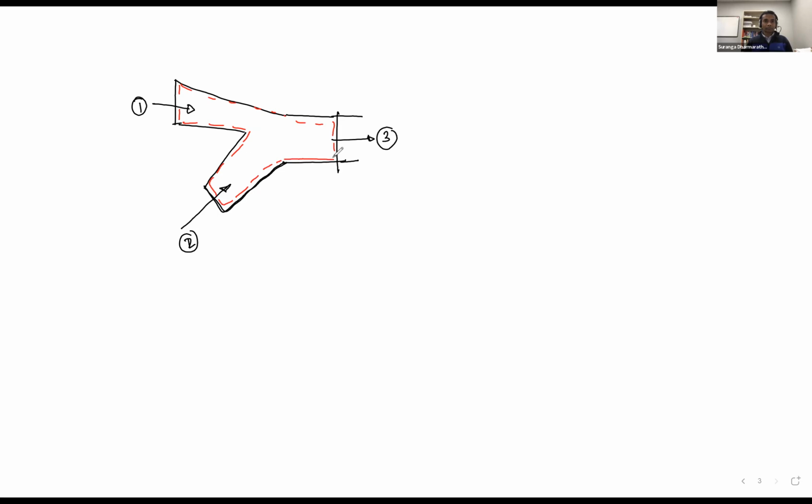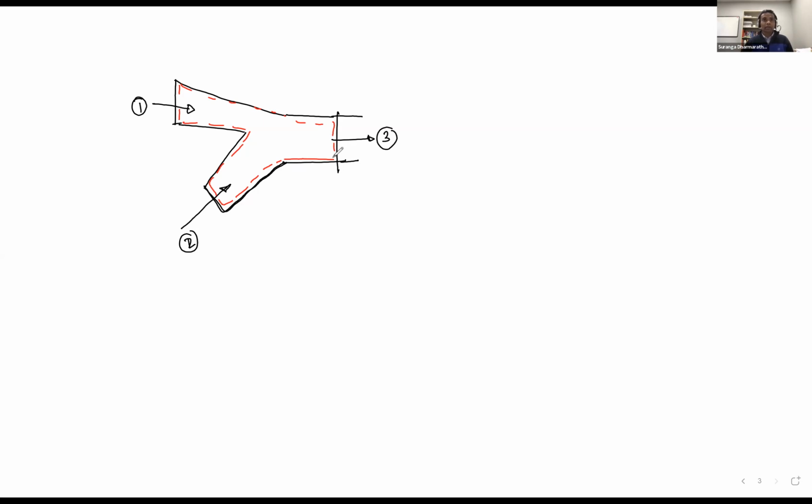So the questions asked are to find the specific humidity at state 3. We first want to find where state 3 is located on a psychrometric chart. Then we can find the other details.